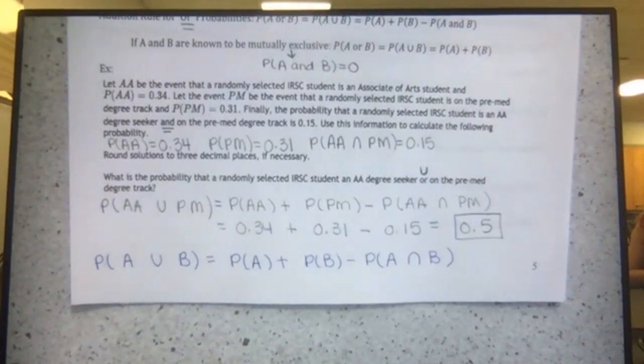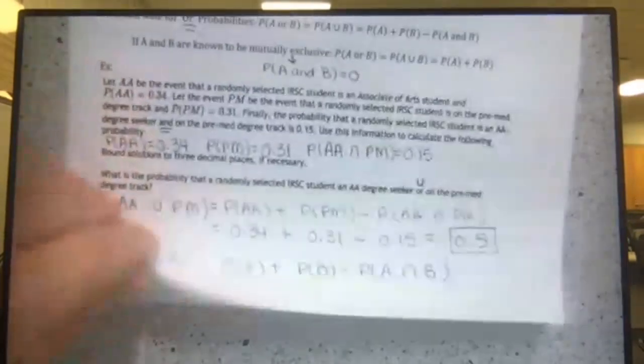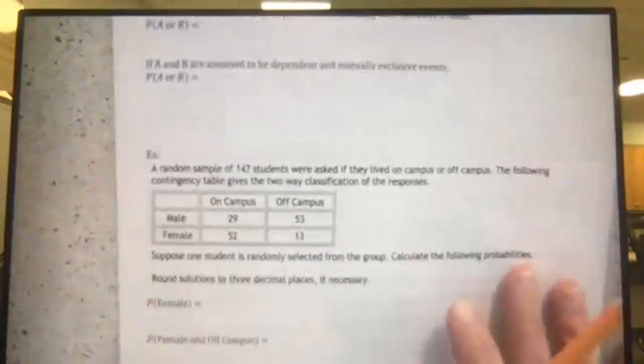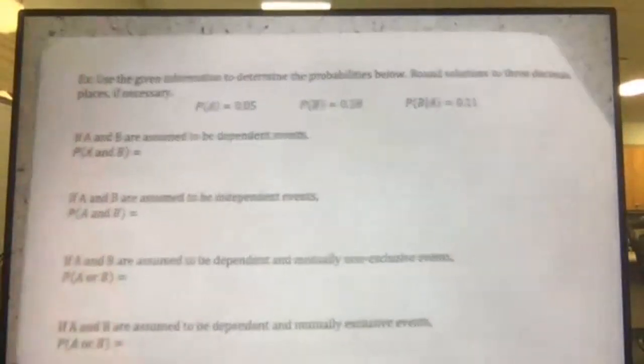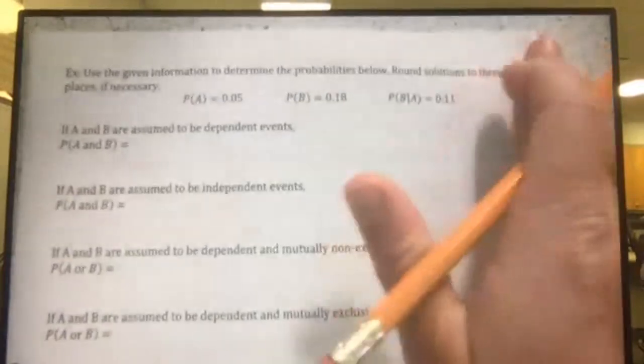We're going to do the same concept next before I go to the next page. Questions on this one? One more that's kind of similar to this next. I like this one because it's kind of straightforward.